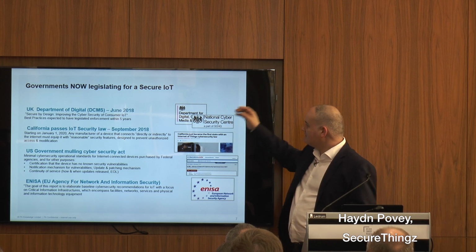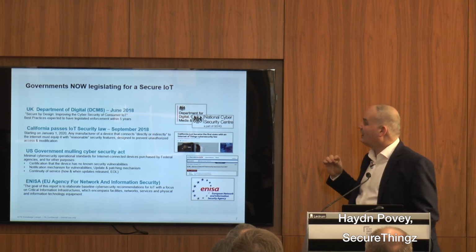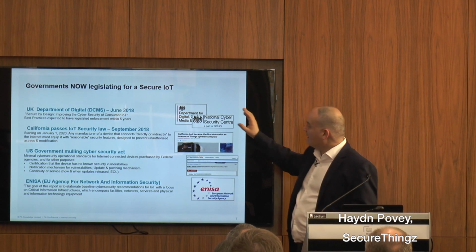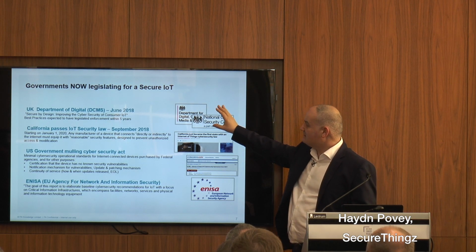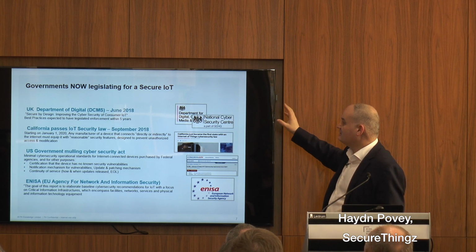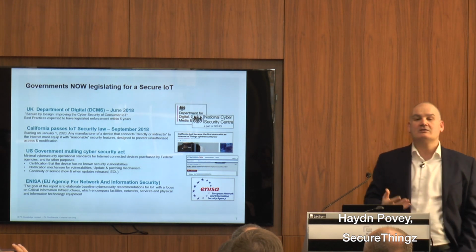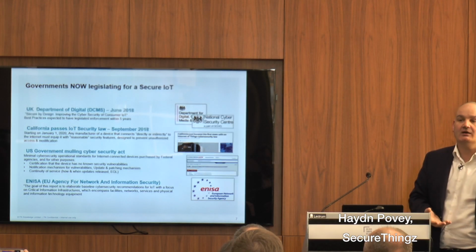The DCMS, the Department for Digital, Culture, Media, and of course Sport, have put out there, and the expectation really is that this is a best practice. This has now moved to a code of practice. This is going to be legislated for within the next 5 years, along similar lines to GDPR.